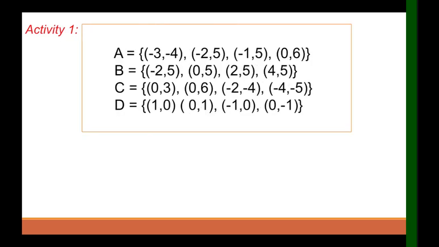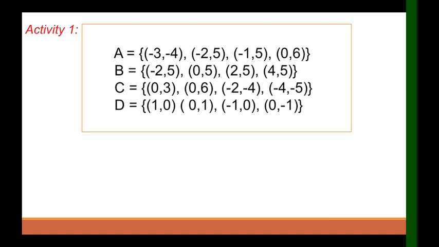Activity 1. We have the following sets. A equals the set of (-3, -4), (-2, 5), (-1, 5), and (0, 6). For B, we have (-2, 5), (0, 5), (2, 5), (4, 5).